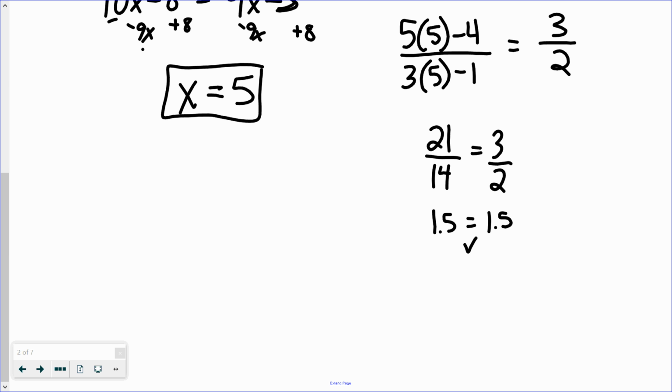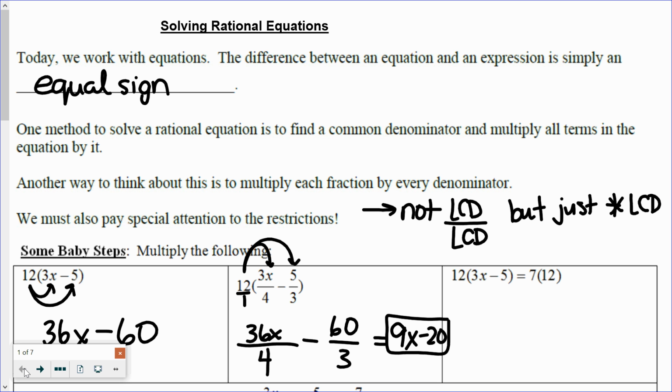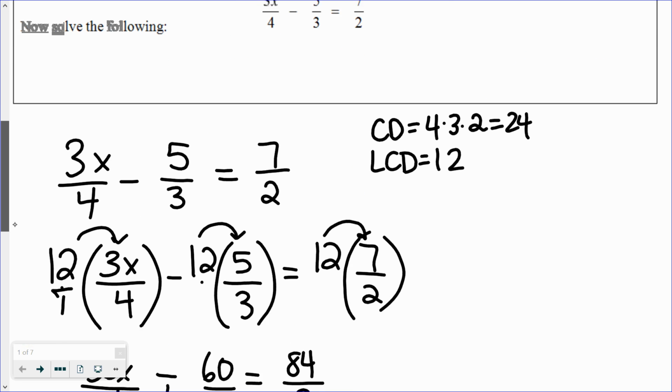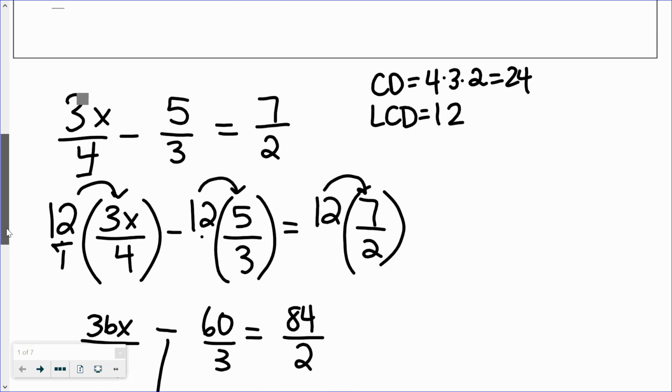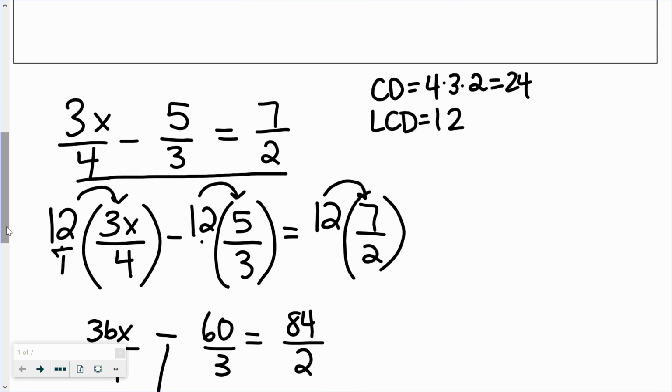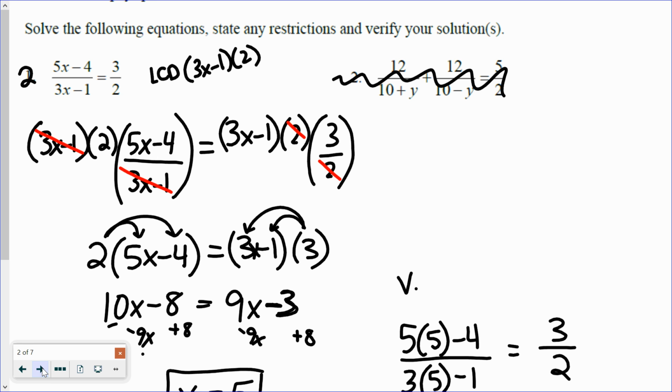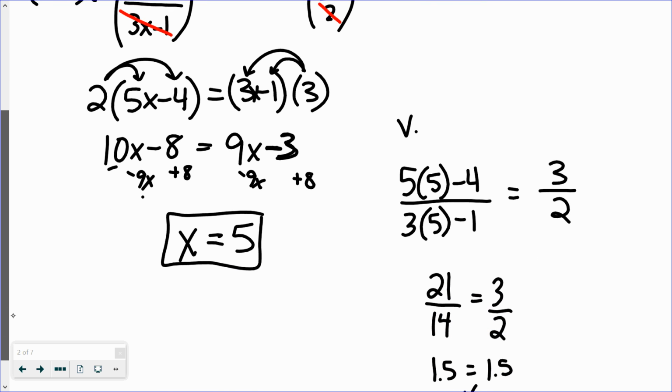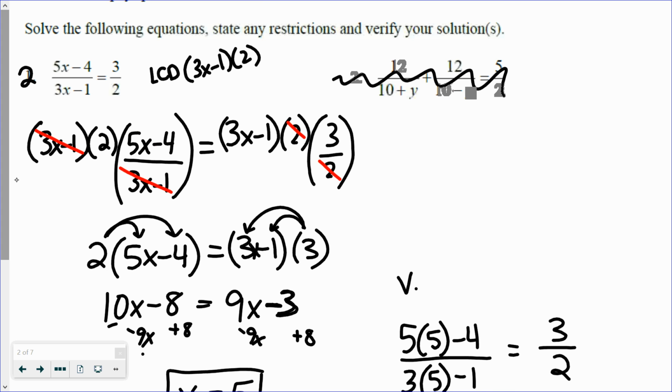The only other thing, so with that last question, so our question 1, at no point did I have x in my denominator. So we didn't have any restrictions on the variable in that one. In this question 2, we actually do have restrictions on the variable. So we need to look back at our original equation in order to figure out the restrictions on the variable.